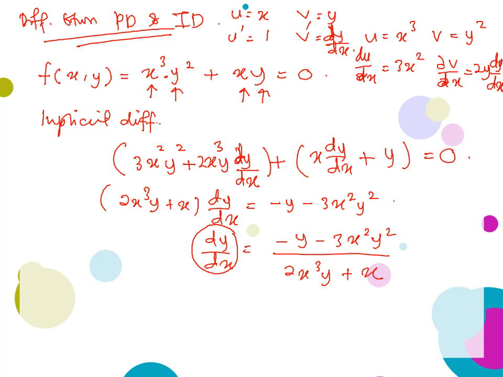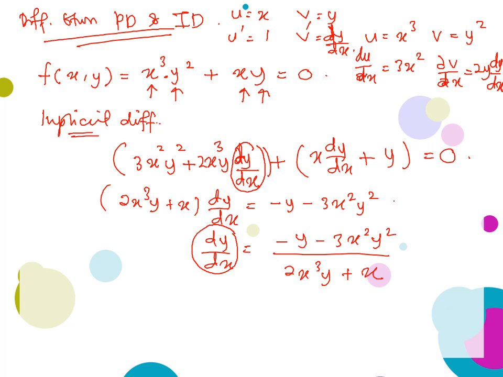Okay, obvious? Obvious, right? You don't treat y as a constant at all. You will differentiate y as you differentiate your x, but for y, it will come with term dy/dx. Okay, this is implicit.